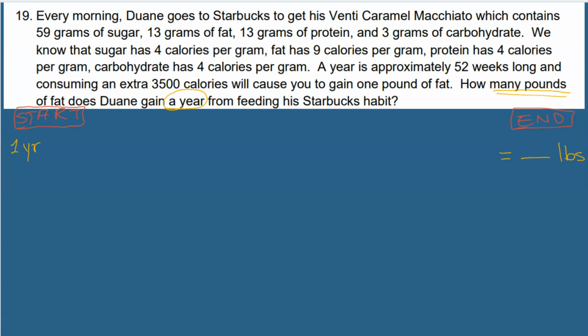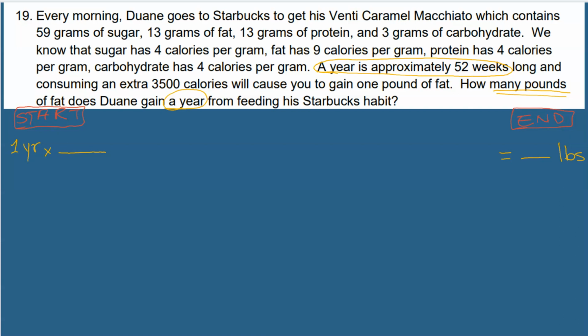Now, let the unit guide your process. Do not start doing division and multiplication and try to figure this out. Let the unit guide that math. What does that mean? I need to get rid of year. A year is approximately 52 weeks.